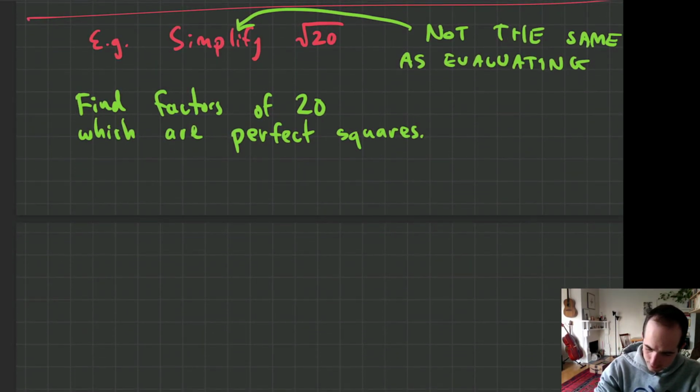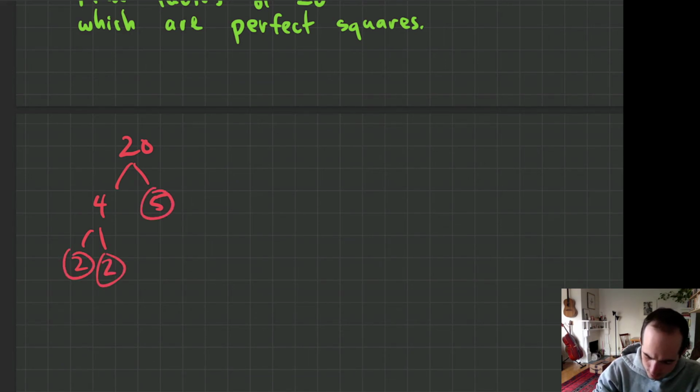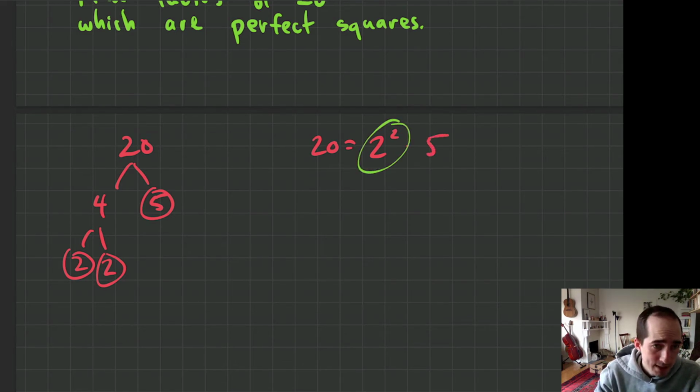Let's go ahead and do that. Here's 20, and I'm going to factor 20 using a factor tree. I'm going to find 4 and 5, and then this is 2 and 2. 20 is equal to 2 squared times 5, and look at this. This is a perfect square right here, because it's got an exponent of 2.